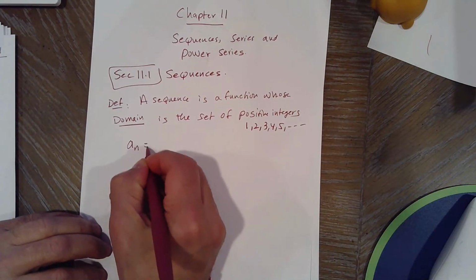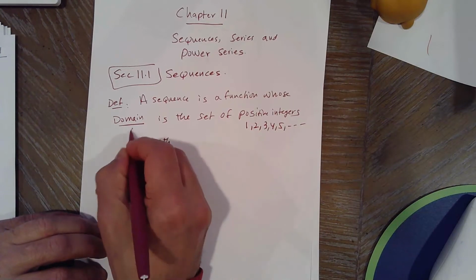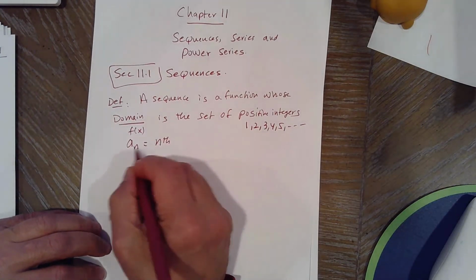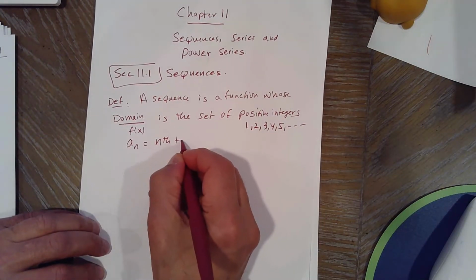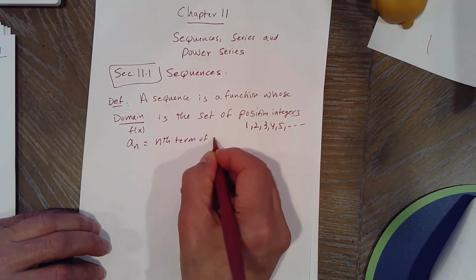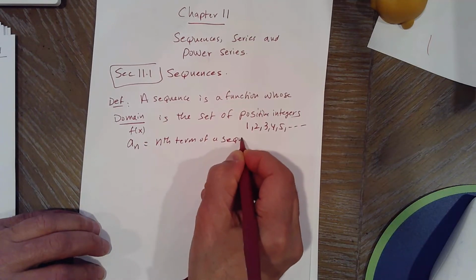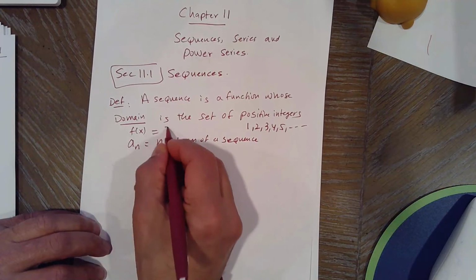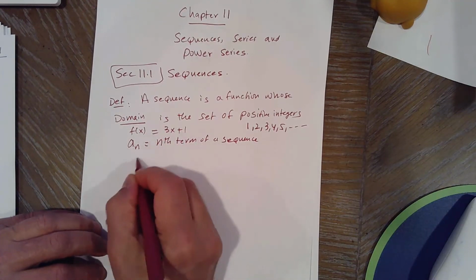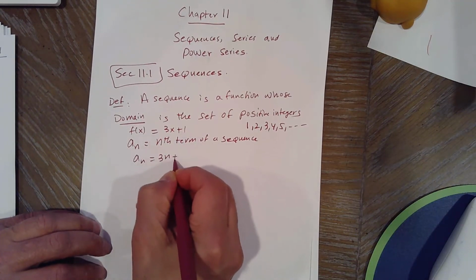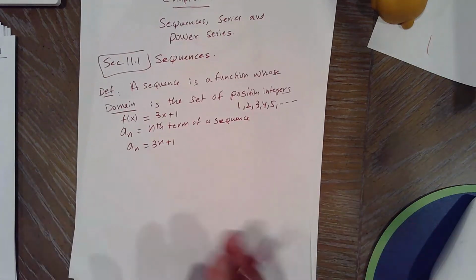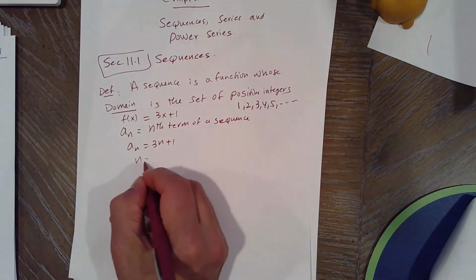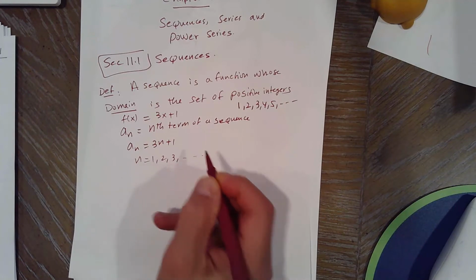a sub n is called the nth term, just like we have f of x to be the function value. a sub n is the nth term of a sequence, which is the general term. It's like having f of x equal 3x plus 1, so a n equals 3n plus 1. The general term gives you all the terms that you want, where n is 1, 2, 3, and so on.